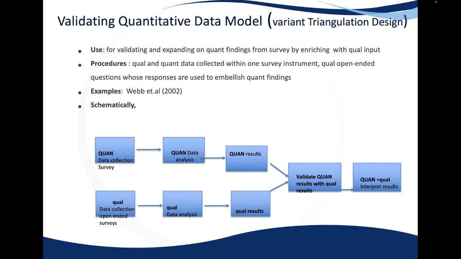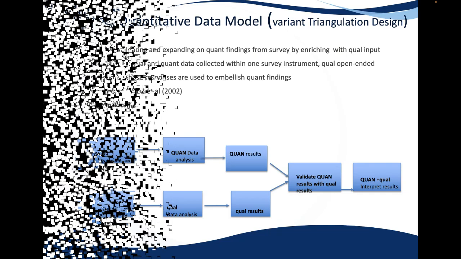And then you use those qualitative responses to validate what they've said quantitatively, to qualify it, as it were. And that is what this variant of triangulation design is. Remember, in this design, we're still dealing with what we call concurrent mixed methods research. The data collection is happening at the very same time.